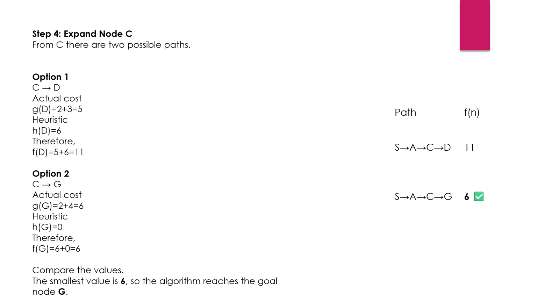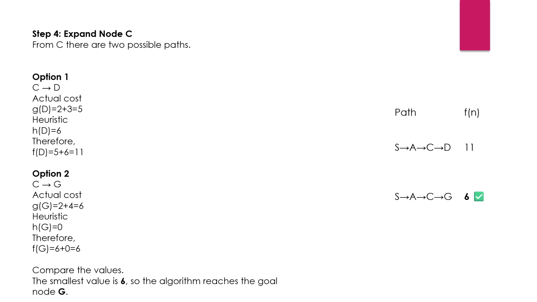Next, option 2, C to G. The actual cost g of G equal to 2 plus 4 equal to 6 and heuristic value h of G equal to 0 for G. Therefore, total f of G equal to 6 plus 0 equal to 6.